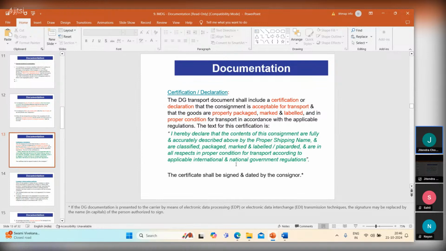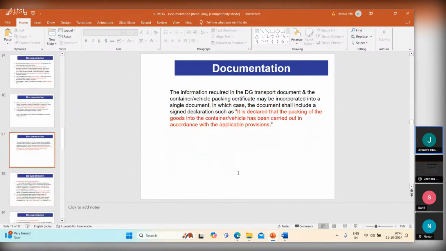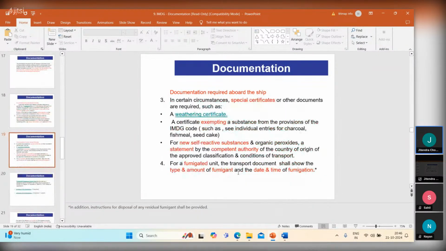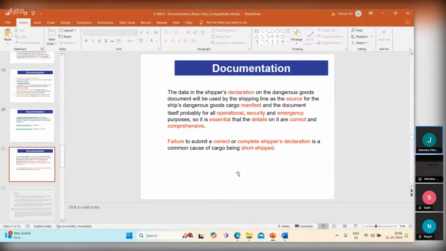Okay. So these are the different things that will be mentioned in the dangerous goods list: special manifest for marine pollutants, weathering certificates, lashing, marking, labeling, placarding, and whether multimodal transport is allowed or not.